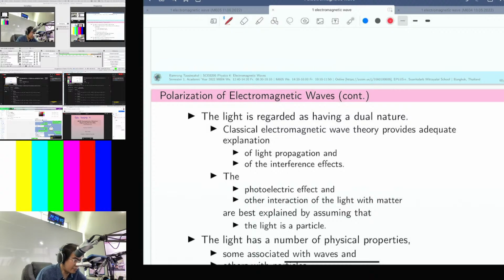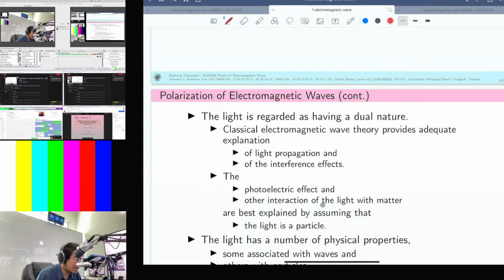In classical electromagnetic wave theory we would say that the light can propagate and there is also interference effect. The photoelectric effect is the experiment for determining how the atom behaves. That's what you may see in chapter 6.